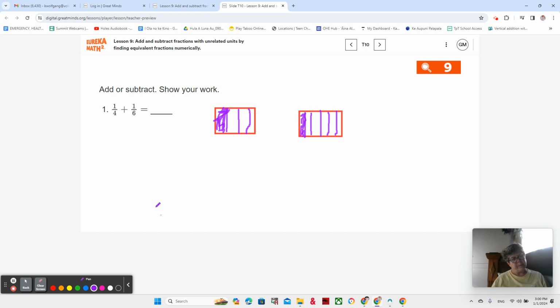Now what can I do to change my 1/4 and my 1/6 into equivalent fractions? I could think about my multiples of 4, and I could think about my multiples of 6. So 4 times 1 is 4, 4 times 2 is 8, 4 times 3 is 12. Just list them out like that.